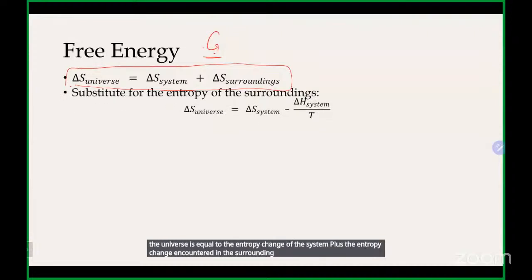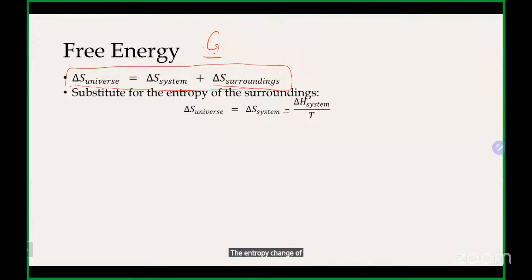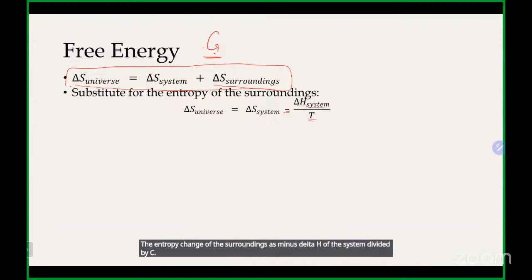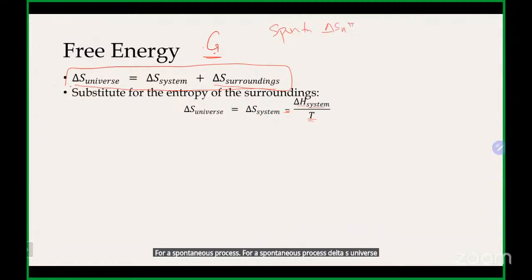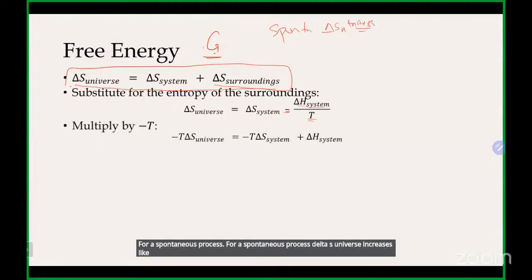In the last slide, we defined the entropy change of the surroundings as minus delta H of the system divided by T. For a spontaneous process, delta S universe increases, like we already said.